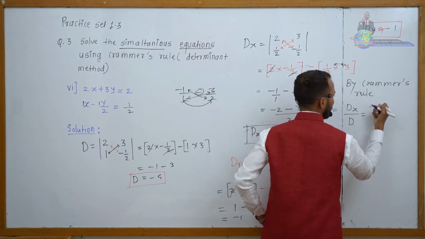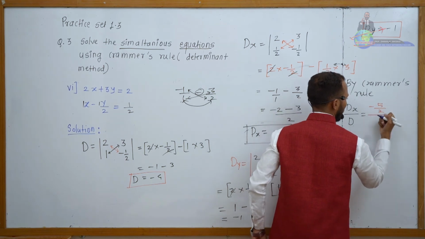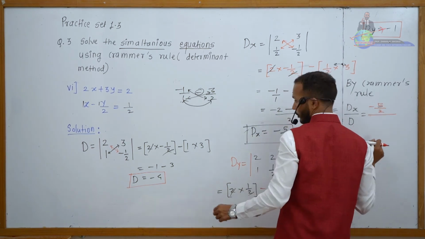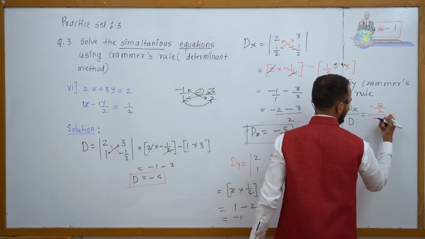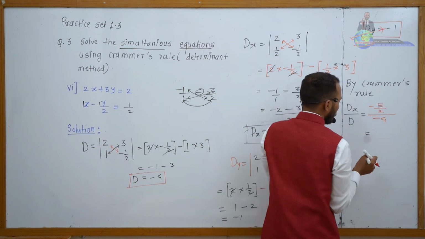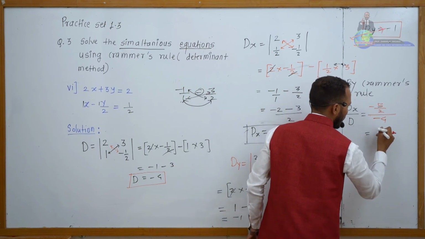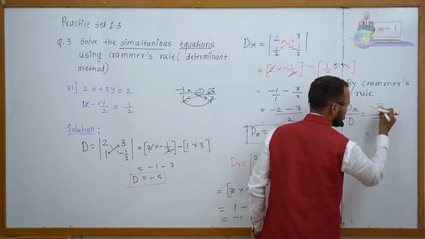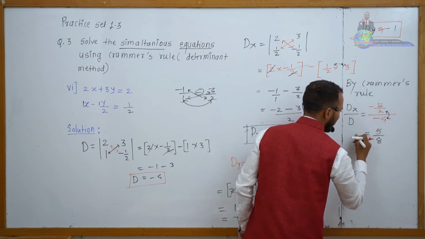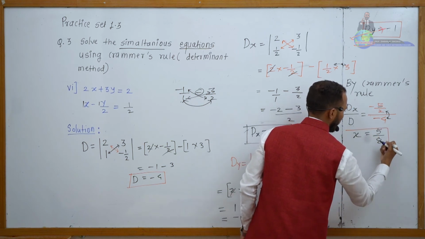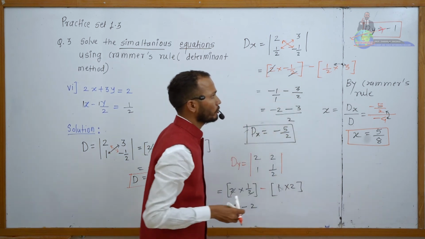So here is minus 5 by 2 upon D, and D is minus 4. So it is equal to, minus becomes plus, and the multiplication of these two gives 5 by 8. This is the value of x, student.